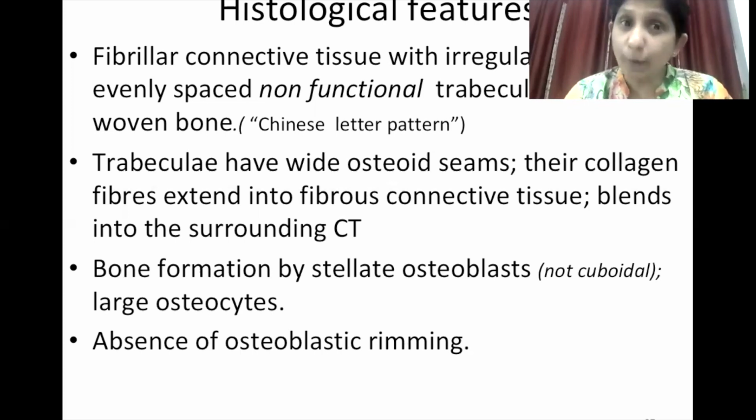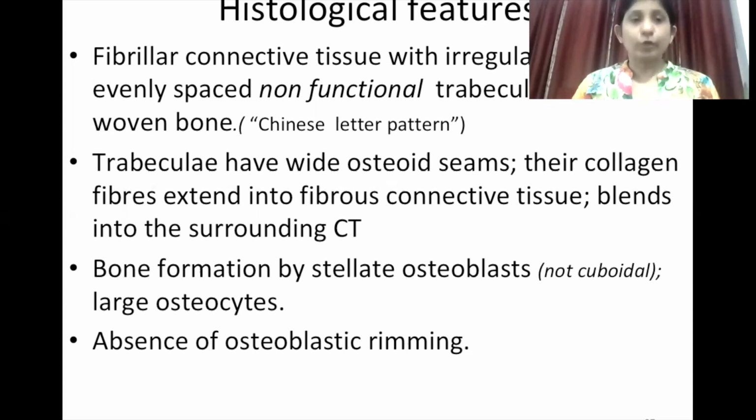Usually in a normal lamellated bone you find osteoblastic rimming at the periphery of the bony trabeculae, and you will find incremental lines of these lamellae where calcification has taken place. That will be absent in case of a woven bone. So you find fibrillar connective tissue with irregularly shaped and unevenly spaced, non-functional trabeculae of coarse woven bone.